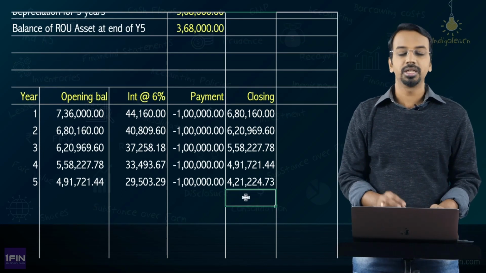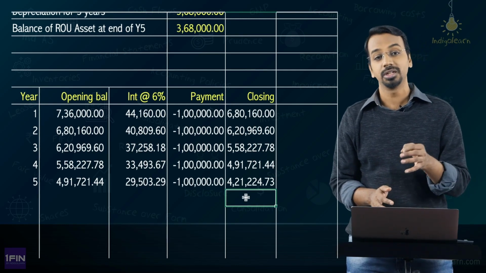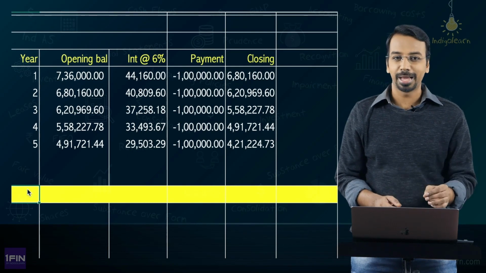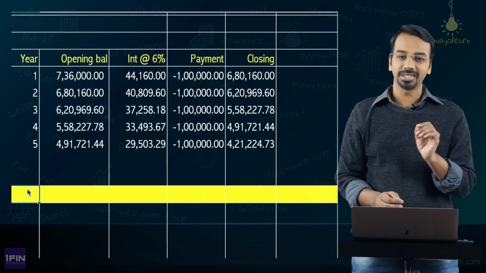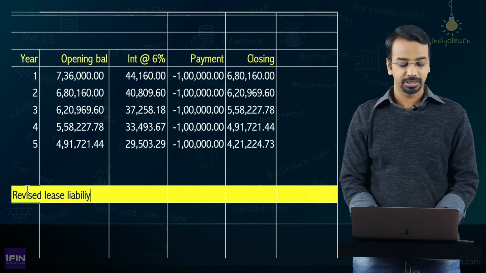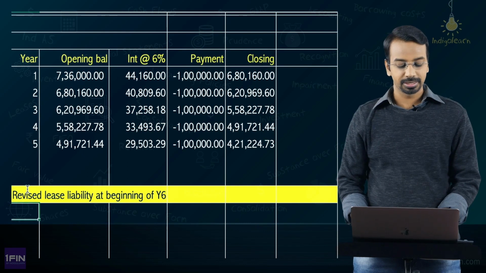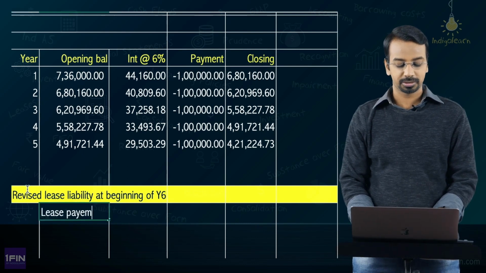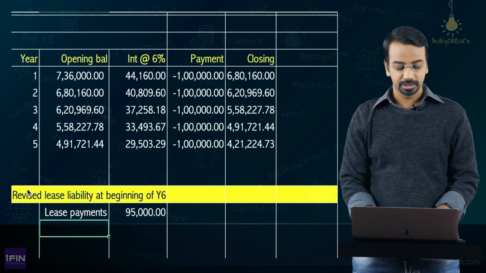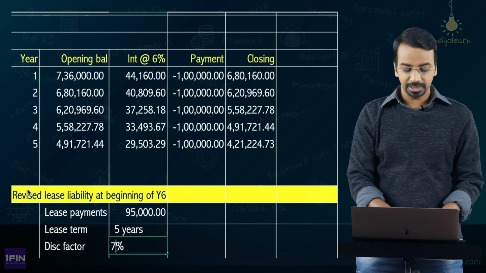Okay. So, we have calculated the closing balance of right of use asset and we have calculated the closing balance of the lease liability. Now, we need to calculate the revised lease liability at the beginning of year 6. So, revised lease liability at beginning of year 6, considering what? Considering lease payments of 95,000 and lease term of 5 years and discounting factor will be 7%.